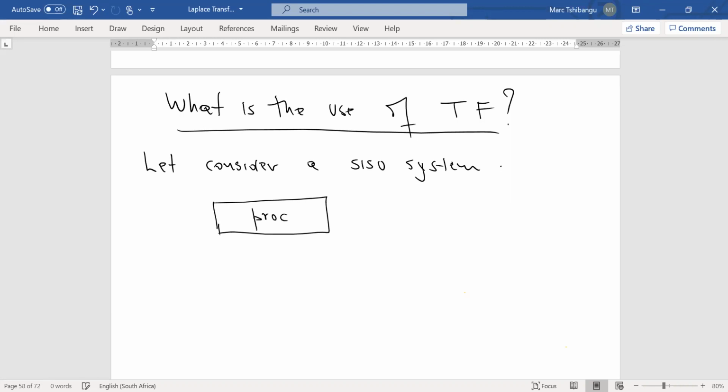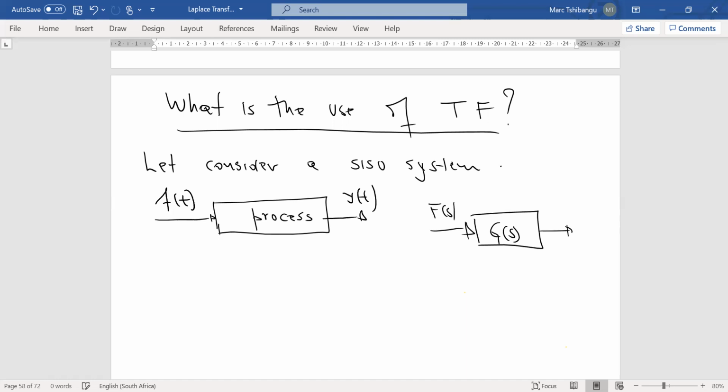We've got inputs in the t domain and outputs, y(t). In the s domain, this is F(s) into a transfer function, then Y(s). In the s domain, we've got a transfer function, not the process. Be careful. All right, s domain and t domain.